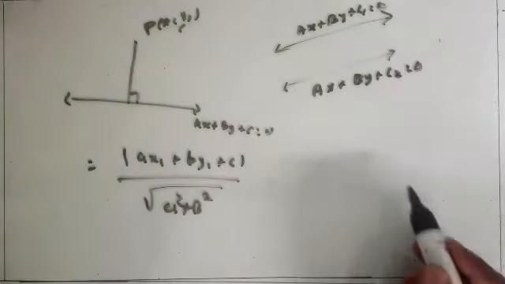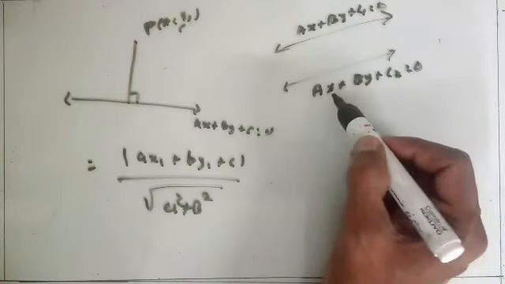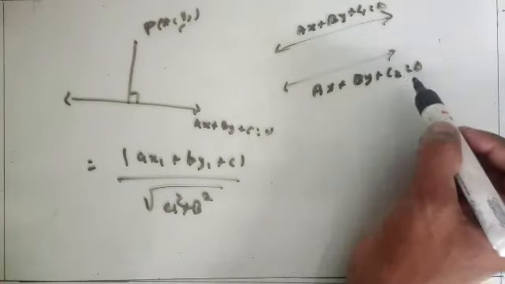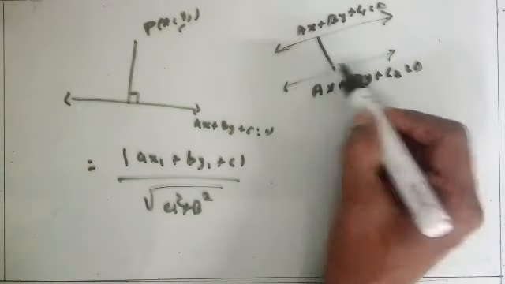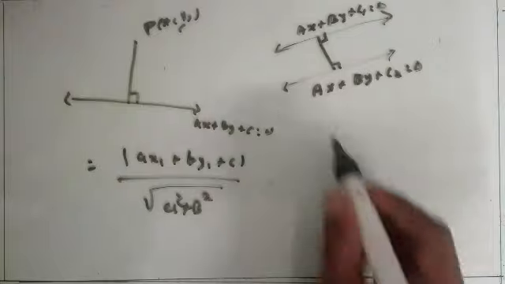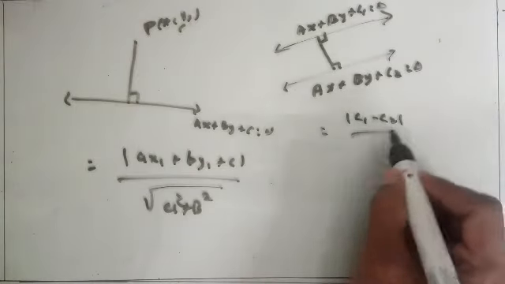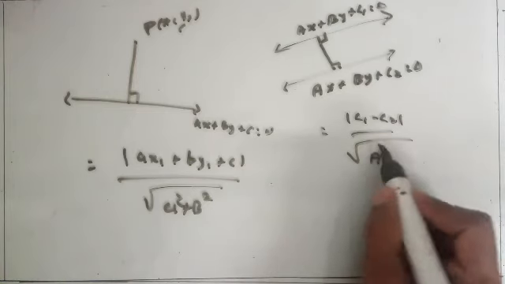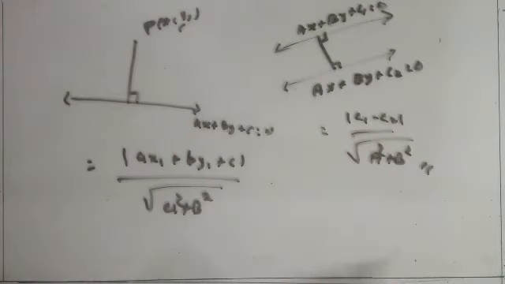Both lines are parallel. Slope of both, minus a upon b, is the same. Here only the constant differs. So the perpendicular distance, that is the distance between these two parallel lines, is equal to, remember this, mod of c1 minus c2 upon root of a square plus b square. Okay, so remember all these formulas.